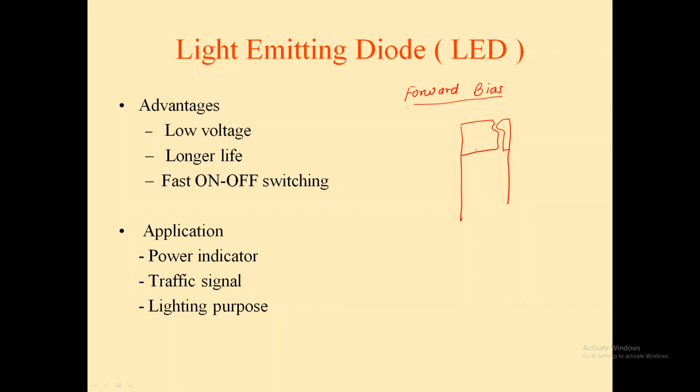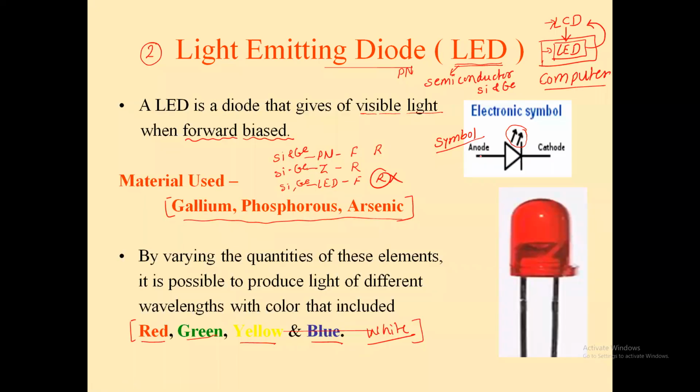The two plates are there, with one small wire in between them, and these two plates are encapsulated in the glass window. So this is the LED. Have you observed it? If you see, you can see the picture here.